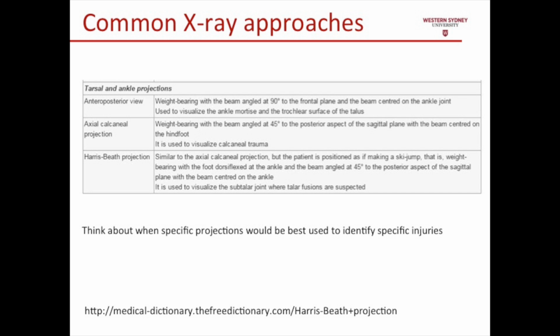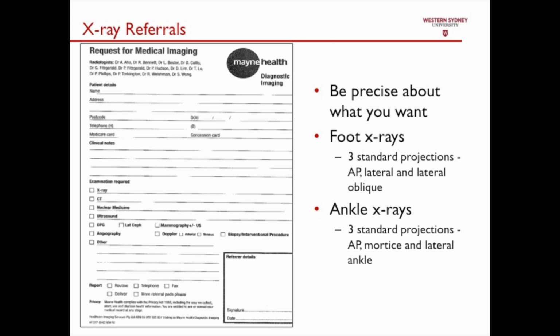Please take time to do wider reading beyond what's been presented within this lecture to support your learning. It's important that you have a good understanding of the various projections, resultant views, and what may be the best in terms of imaging specific structures or identification of key pathologies.